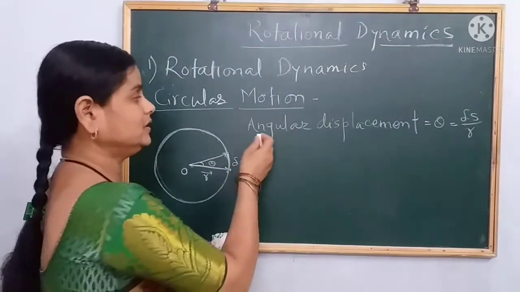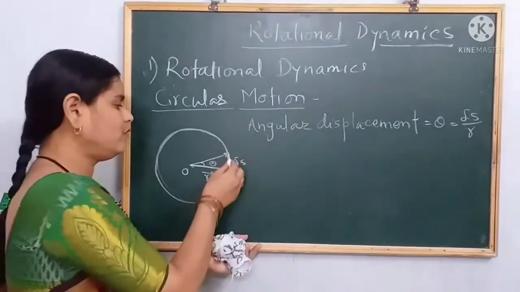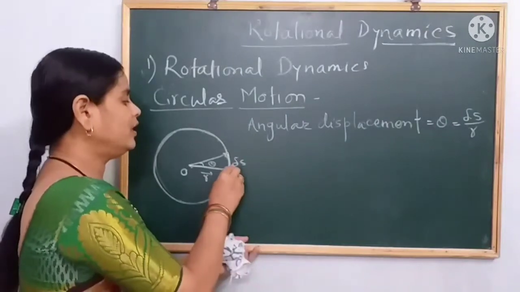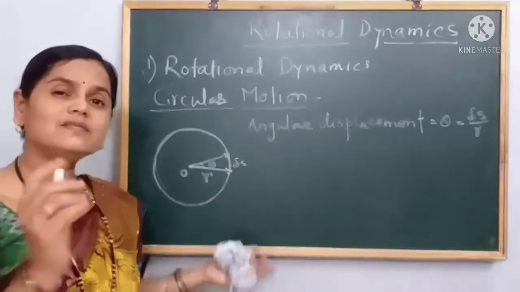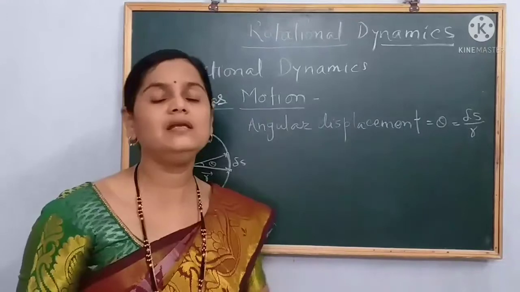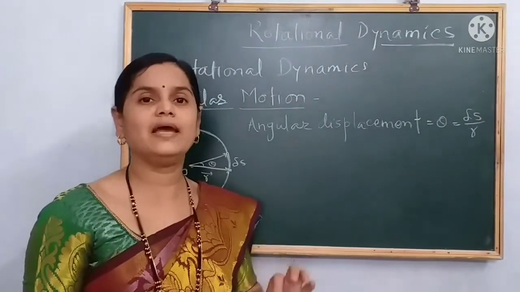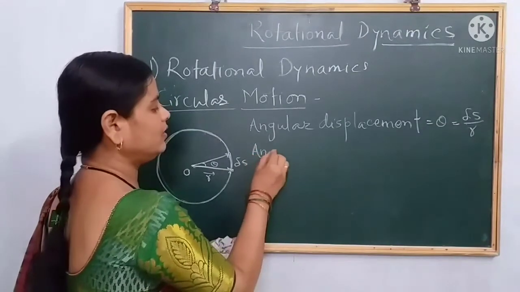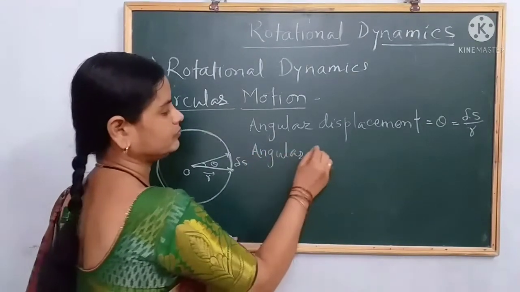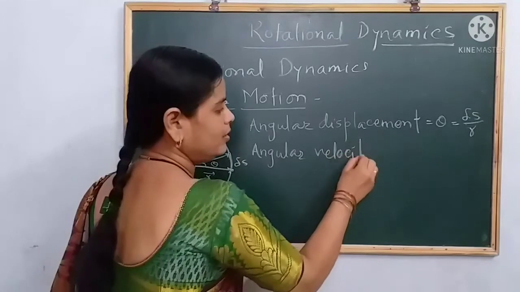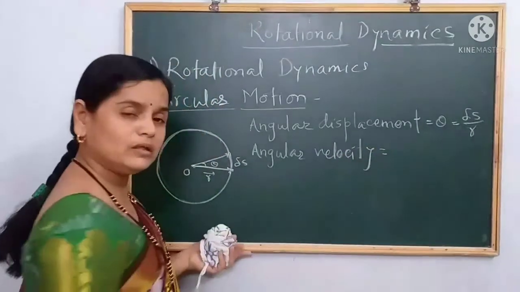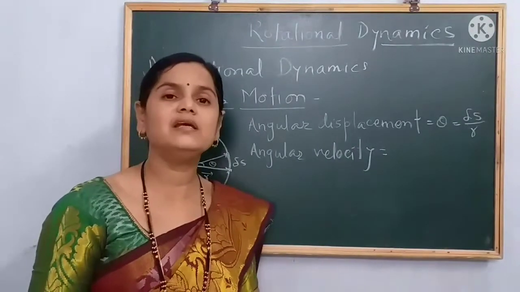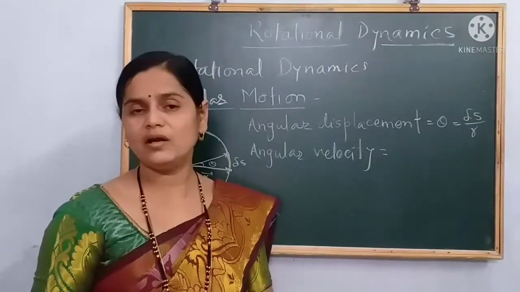Furthermore, as the particle moves like this, what about the velocity? In circular motion, it possesses linear velocity as well as angular velocity. According to the definition of velocity, it is the rate of change of displacement, as we have seen in translatory or linear motion.